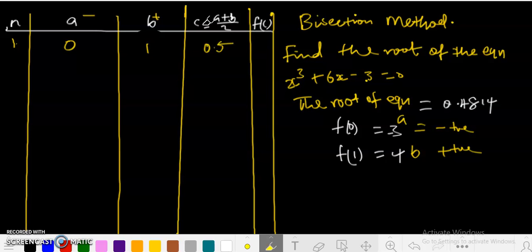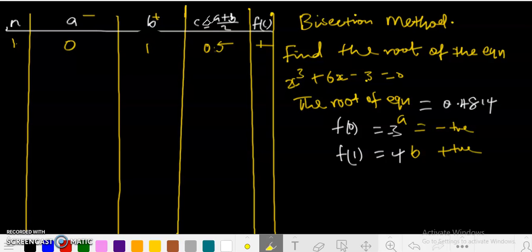The equal sign gives 1 over 8, which is 0.125. 0.125 is positive, so if it is positive, we will continue.